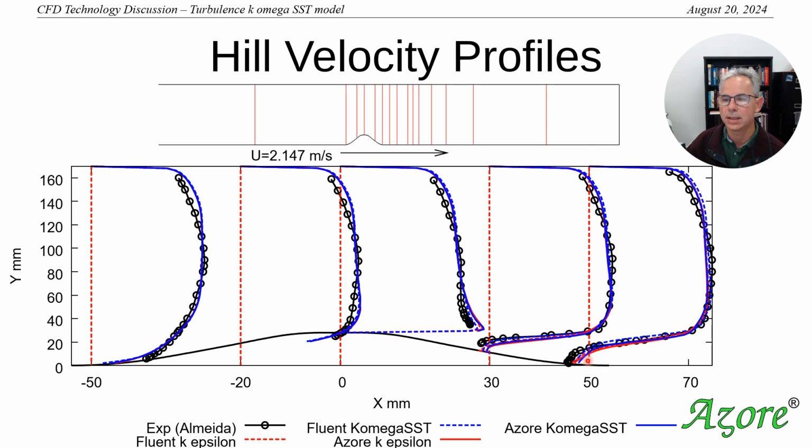And here you can see where the recirculation zone is. So you'll notice right here that these points are behind this line, indicating a velocity going in the reverse direction. And you can see that a little bit here as well, where these points are behind this line. And this line right here is this line right here. So it's in the recirculation zone.